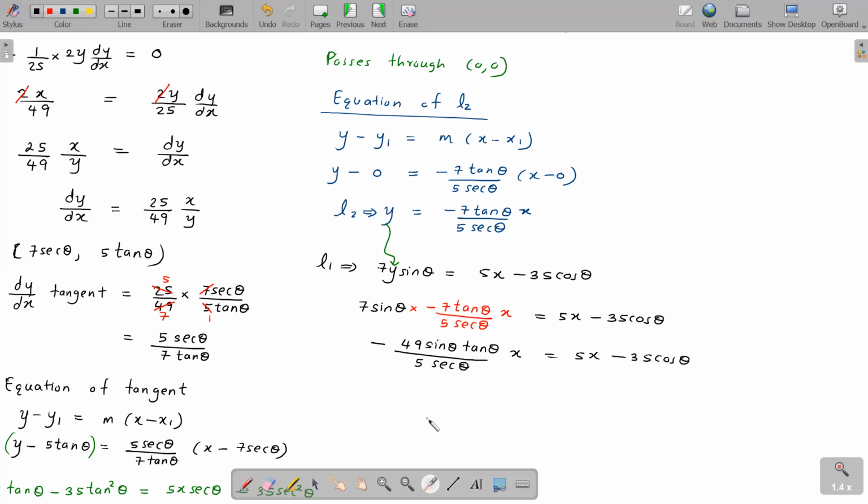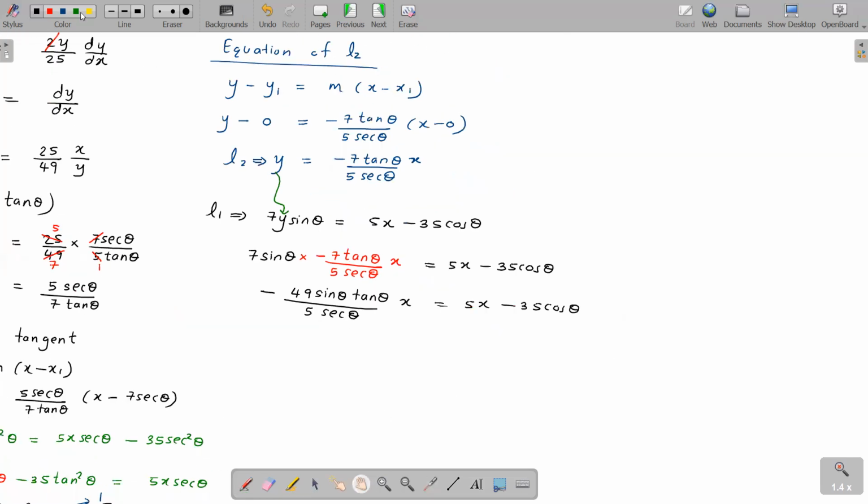Yes, we can do that. Now I'll take this x term entirely to the other side and take the 35 cos theta here, because I want to make x the subject. So 35 cos theta comes here as a plus. Here I get 5x plus 49 over 5 sine theta tan theta over sec theta.